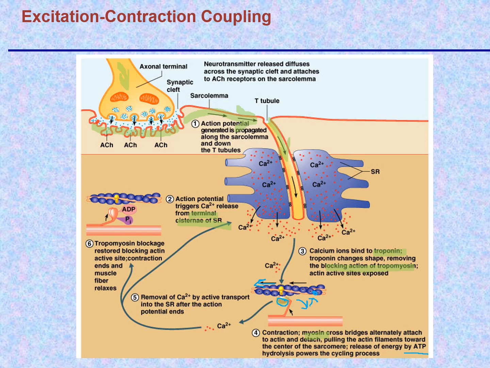Tropomyosin again starts to block those actin binding sites so that it can't bind to the troponin. So that's how things work in terms of excitation-contraction coupling between neuron excitation and the contraction of the muscle.